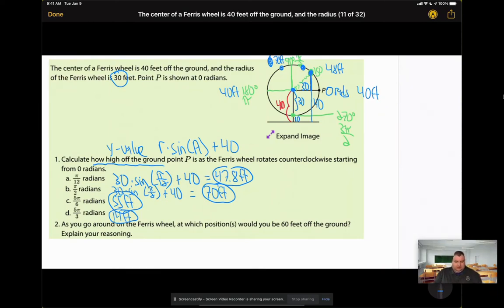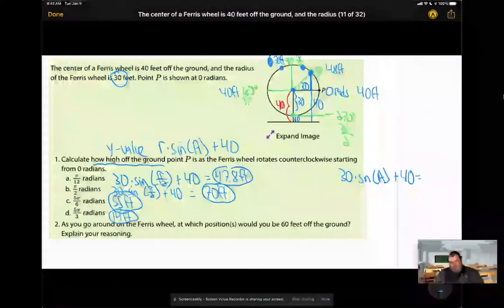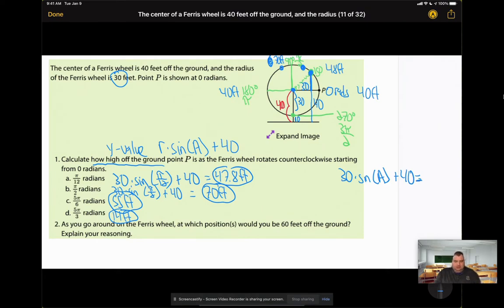So what we're going to do is create an equation. I'm going to do this right here, okay? So it's going to be 30 times sine of A, since we don't know what the angle is, plus 40. 30 times sine A plus 40 equals 60.